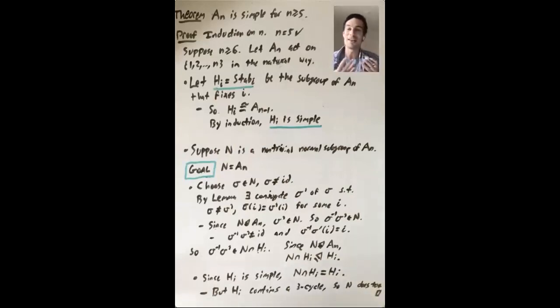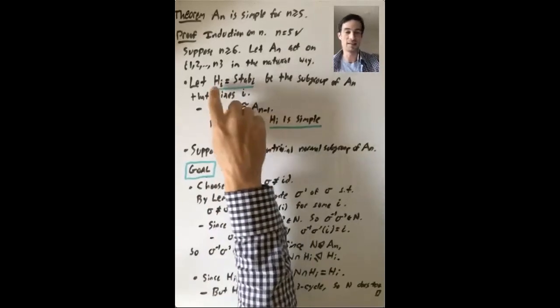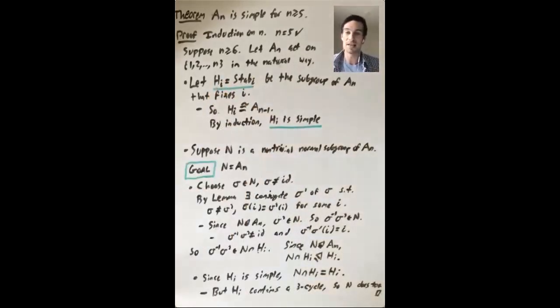N contains all the things in H_i. But H_i definitely contains a 3-cycle. So N contains a 3-cycle. And by the argument we described for A5, now we're done. So what are the big steps in this argument? You have to remember to work with this set of subgroups of A_n that fix a given i.